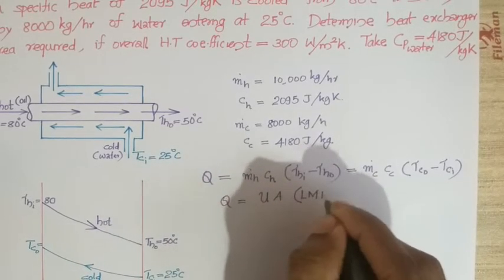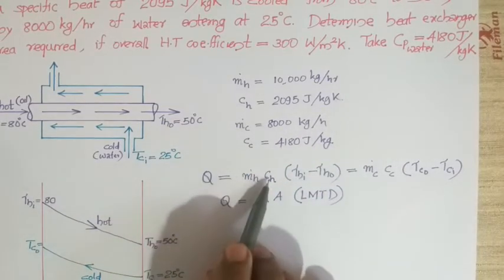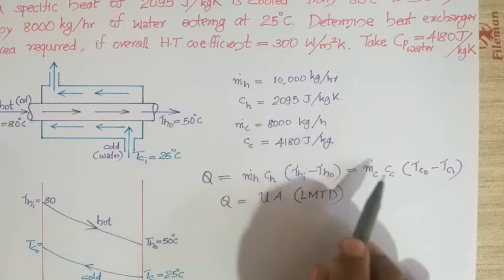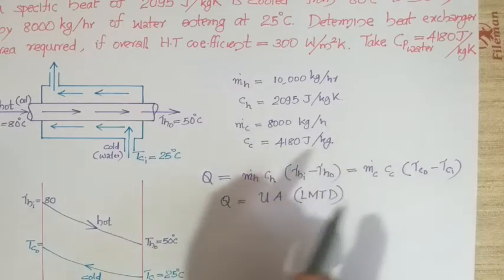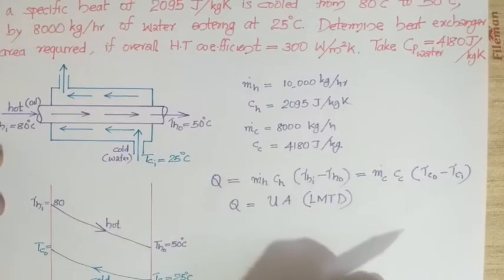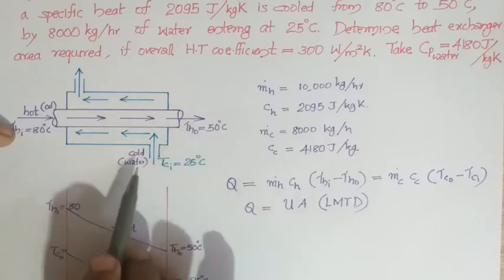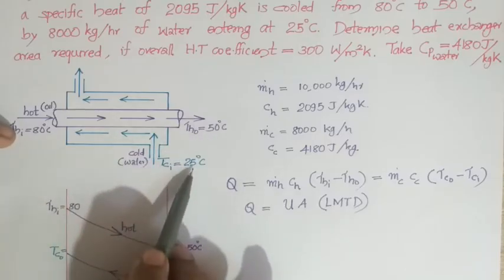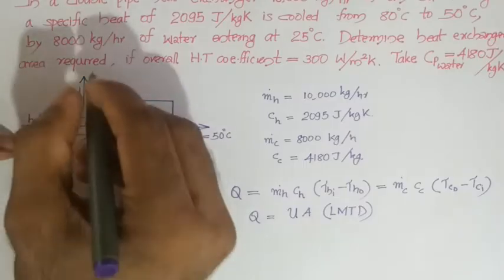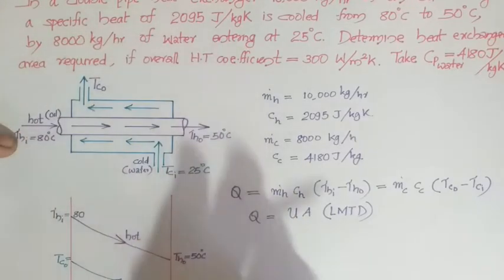So all these heat transfer quantities are the same: m dot h Ch delta T of hot, m dot c Cc delta T of cold, equal to overall heat transfer coefficient U into A into LMTD. Here Thi is 80 degrees Celsius, Tho is 50 degrees Celsius, and Tci, water entering, is 25 degrees Celsius. You have to evaluate the temperature at which water is leaving, that is Tco.